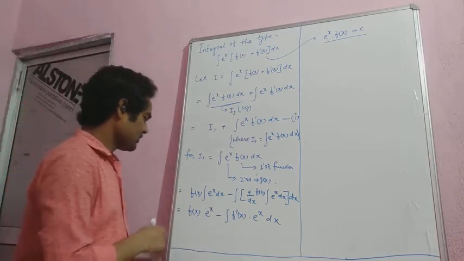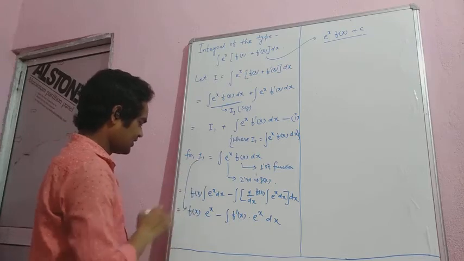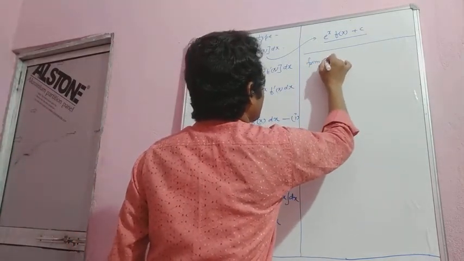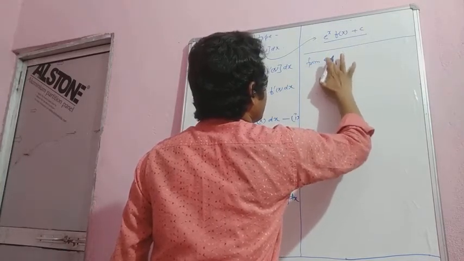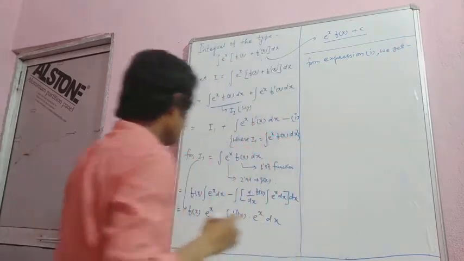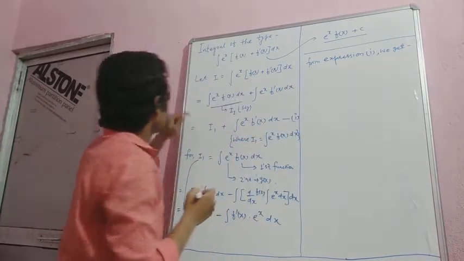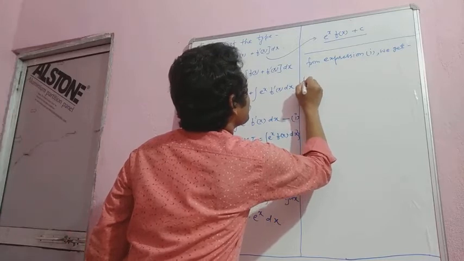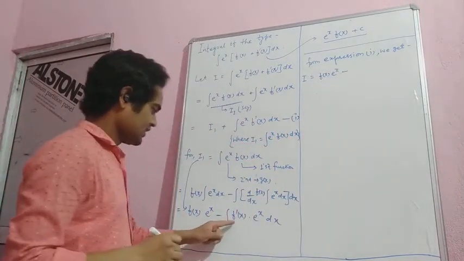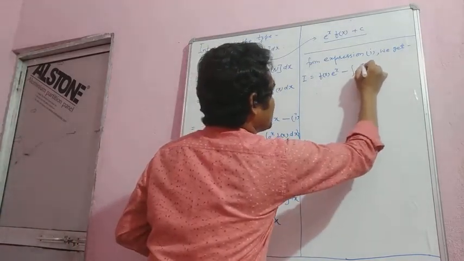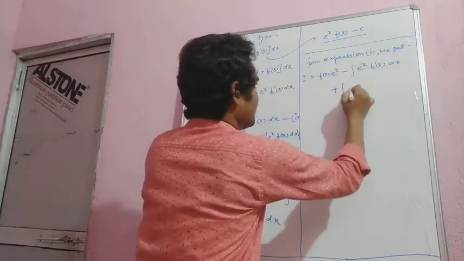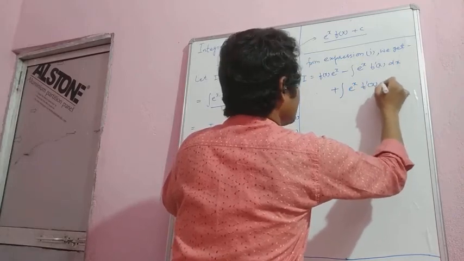Now students, putting this value of I1 in our expression 1, we get I is equal to f(x) into e to the power x minus the integration of e to the power x f'(x) dx plus the integration of e to the power x f'(x) dx.